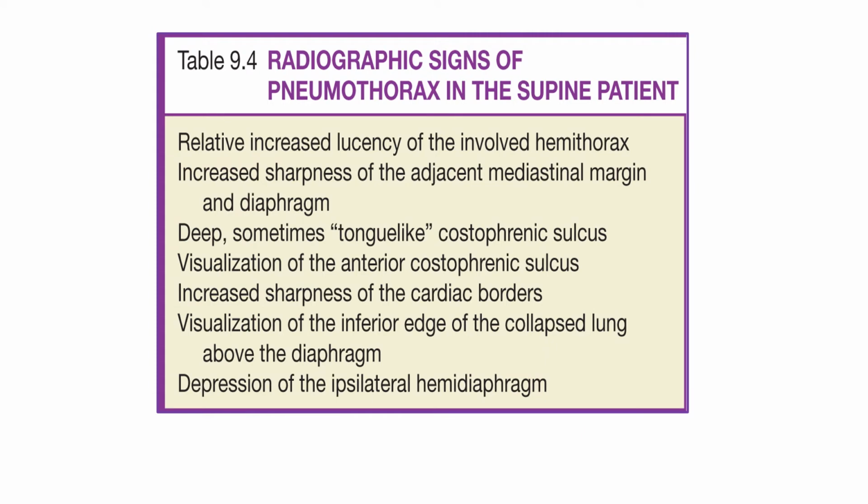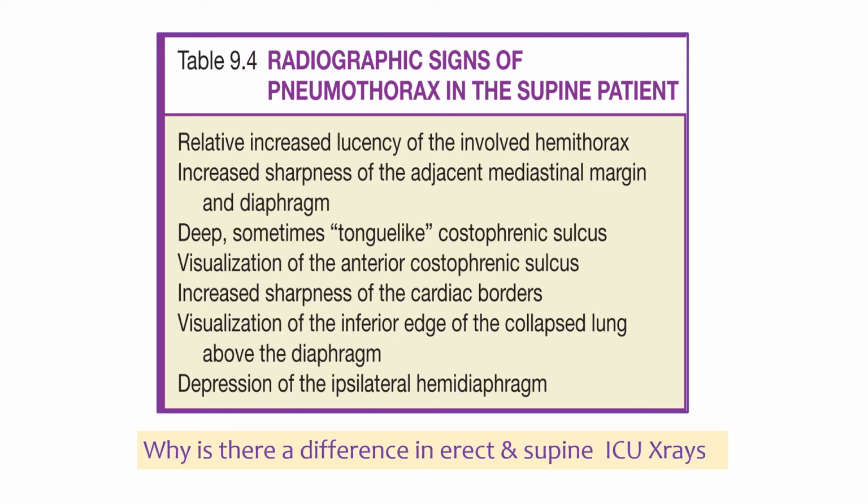Now, when you talk about radiographic signs of pneumothorax, in the supine patient they are different from the erect patient. That is, the X-ray taken in the supine position is different from the X-ray taken in the erect position, and the difference is because air moves up as per the laws of gravity.